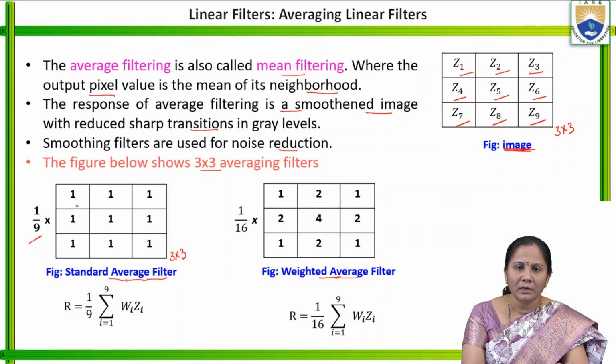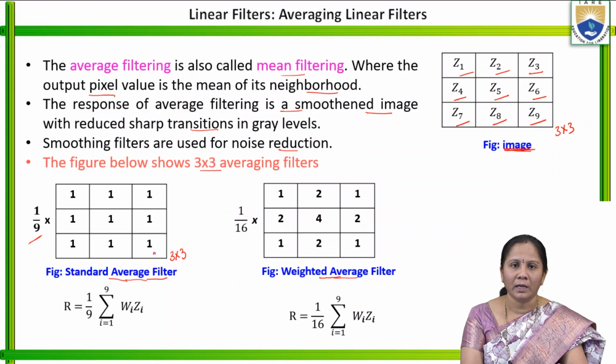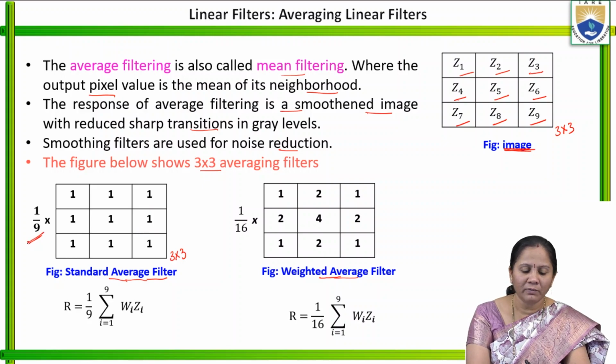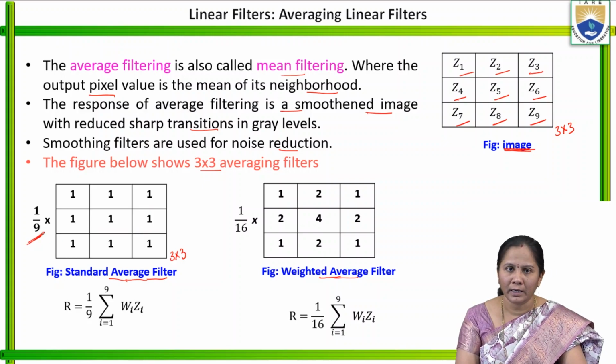If we count how many ones are available here: 1, 2, 3, 4, 5, 6, 7, 8, 9. So the total number of coefficients is 9. That's why we write it as 1 by 9, multiplying this mask or filter with 1 by 9.